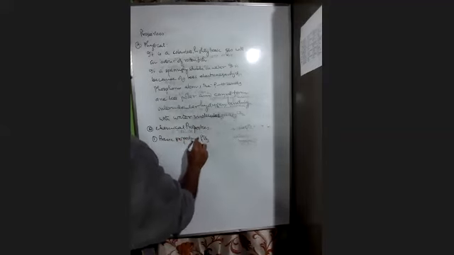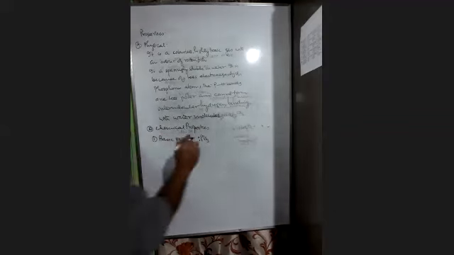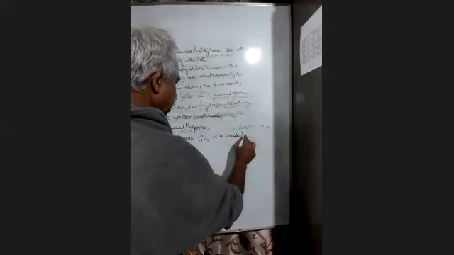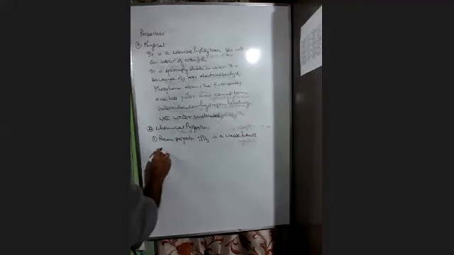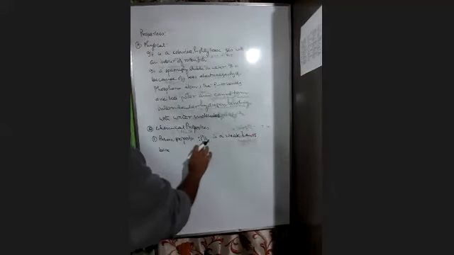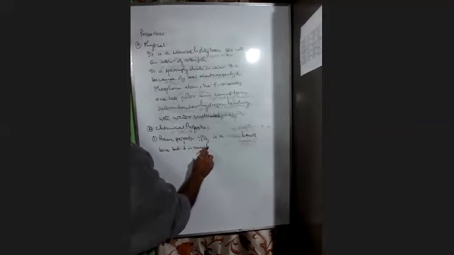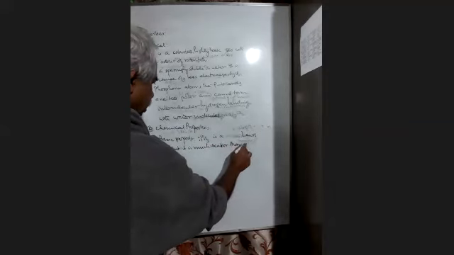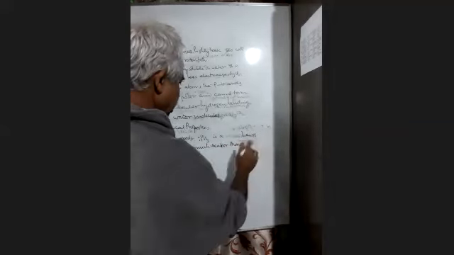Phosphine is a weak base. But it is much weaker than ammonia due to the larger size of phosphorus.